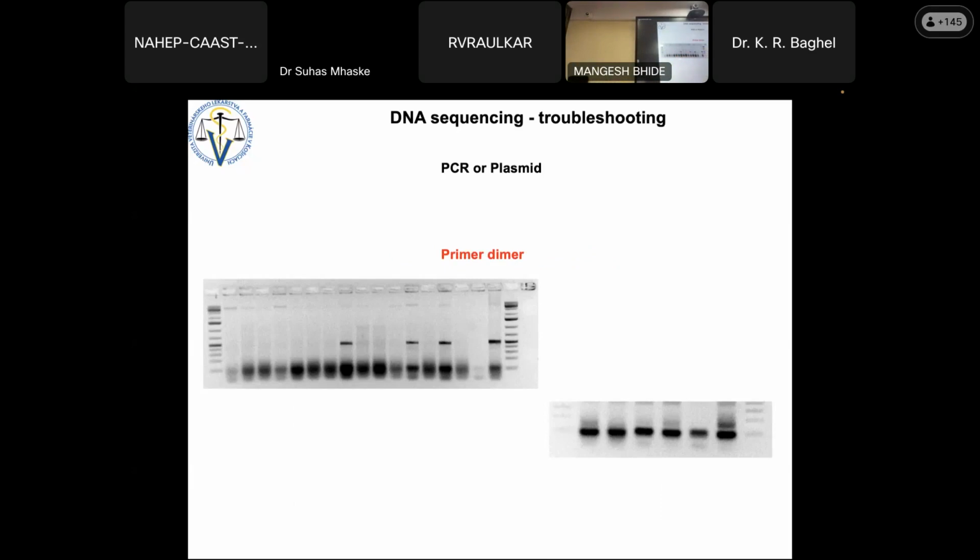But if forward and reverse attach like this, the polymerase will work and fill in, so you will have many copies and it gets brighter and brighter. So this is a heterodimer and this is a self dimer.